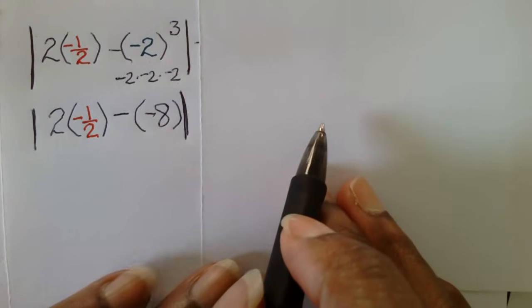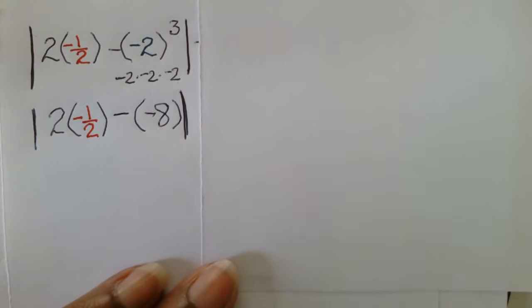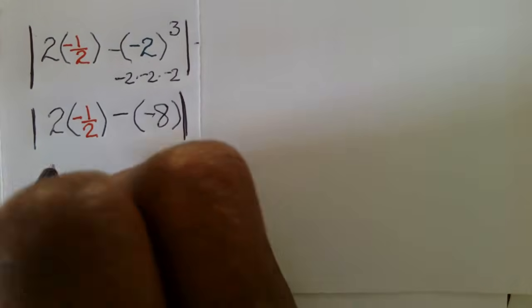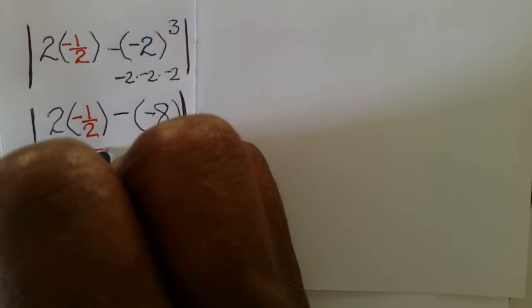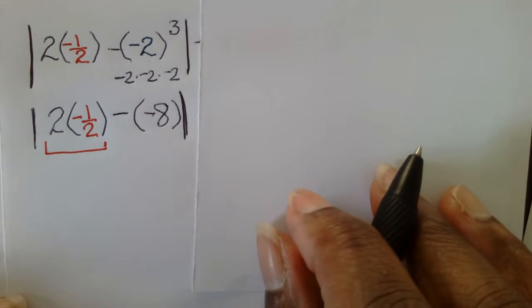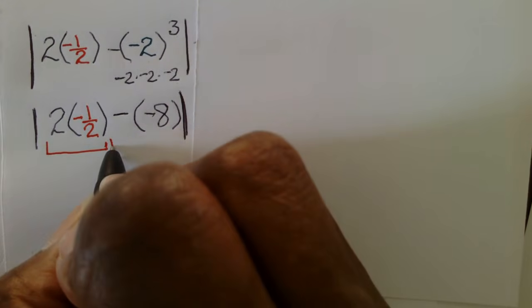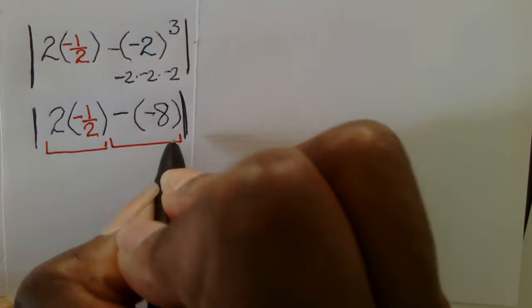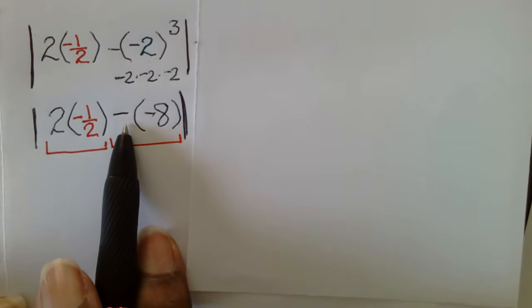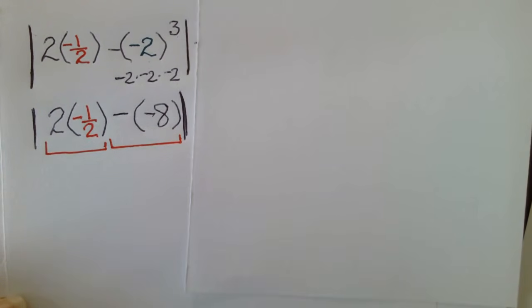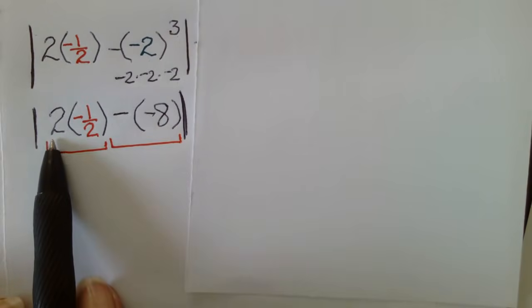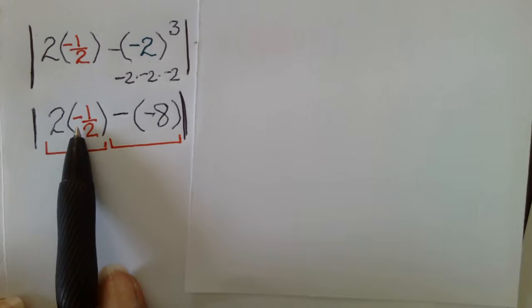So now we got multiplication. What are we multiplying? We're going to multiply this 2 times that negative 1/2. And, believe it or not, you're going to be multiplying this negative times this negative 8. Because what's assumed to be there? A 1. So, I want to take a positive times a negative.